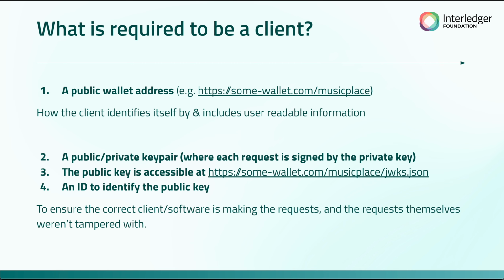This available public key can be used to verify that indeed it was Music Place, the client that was signing the message, and it's the correct client. And because a client can have multiple keys, it needs to provide which key it used in that particular request to sign. So these three things are to make sure that it's the correct client and software that's making those requests, and those requests themselves weren't tampered with during the process.